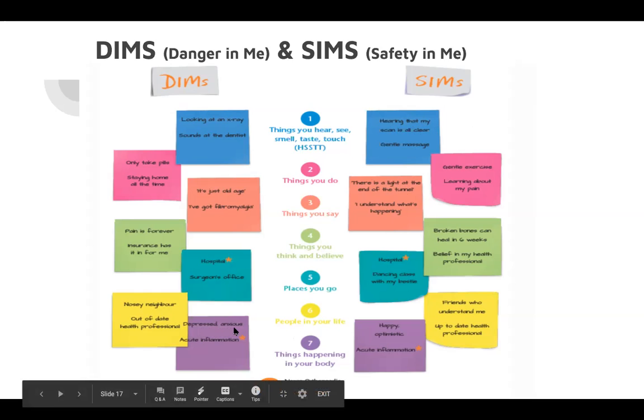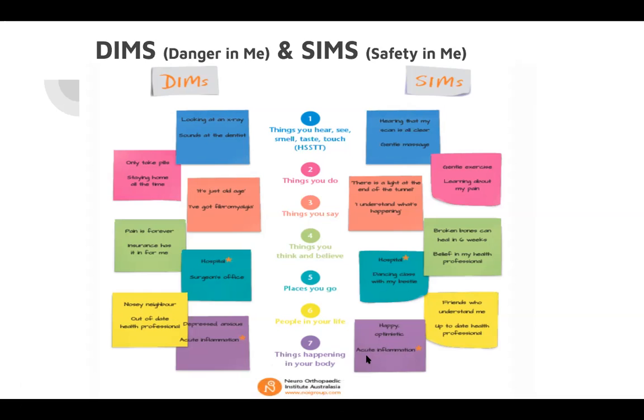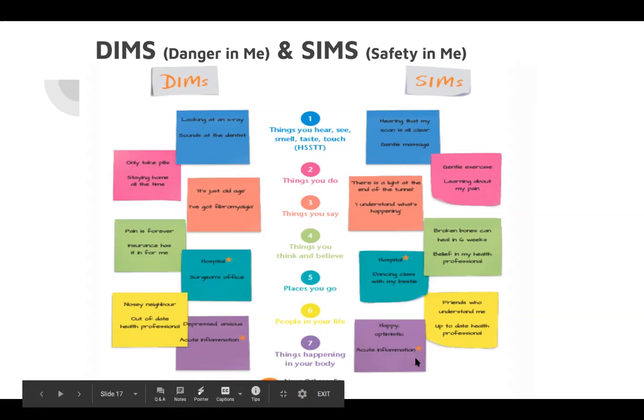Depressed, anxious, acute inflammation would be danger in me. And then over here in safety in me, happy, optimistic, and acute inflammation. So they listed this twice because it depends on the context, depends on the person's understanding of the biology of pain. And you can see some of the other examples there.